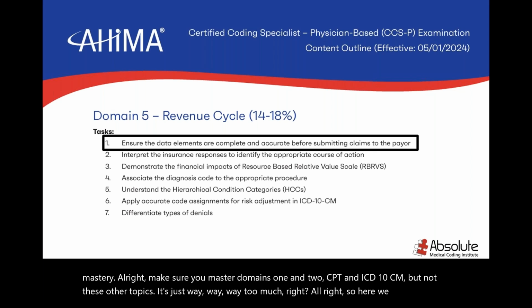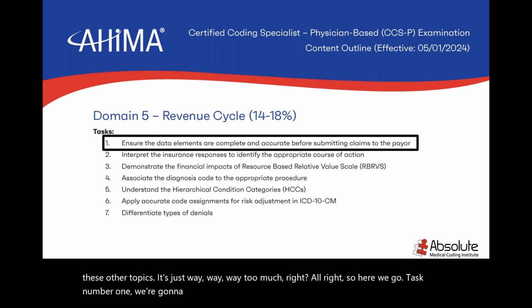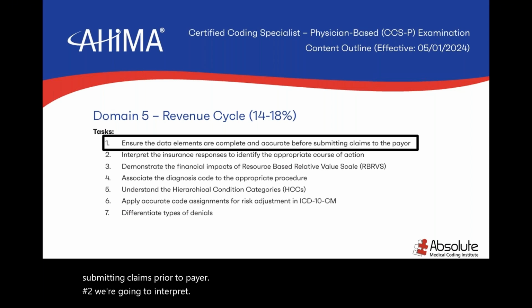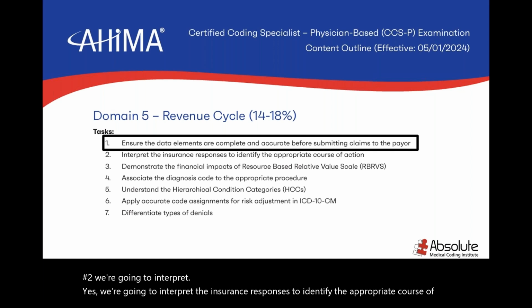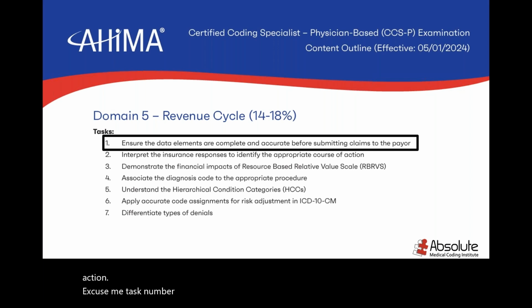Task number 1, we're going to ensure the data elements are complete and accurate before submitting claims to the payer. Number 2, we're going to interpret the insurance responses to identify the appropriate course of action. Task number 3, we're going to demonstrate the financial impacts of the resource-based relative value scale.